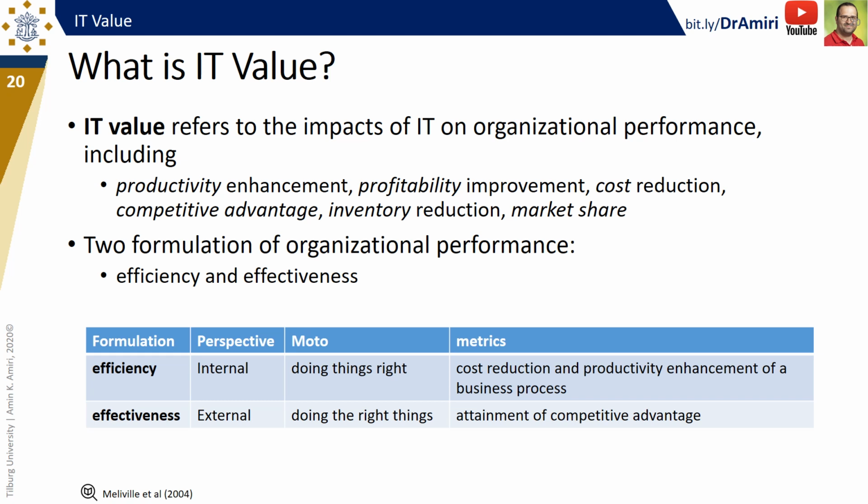A second formulation is effectiveness, which has an external perspective. You try to compare the organization with other organizations in the environment, and you try to do the right things. So here, organizational performance is about gaining competitive advantages over your competitors.